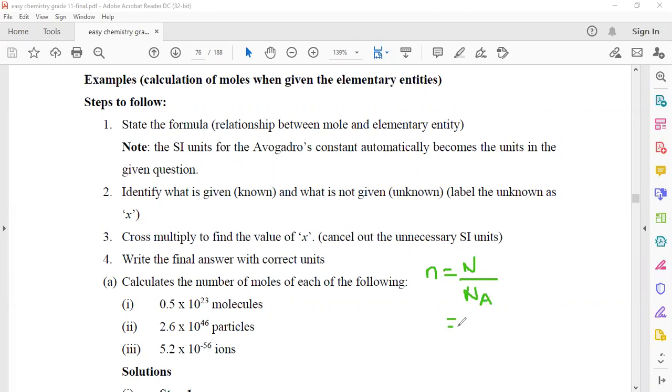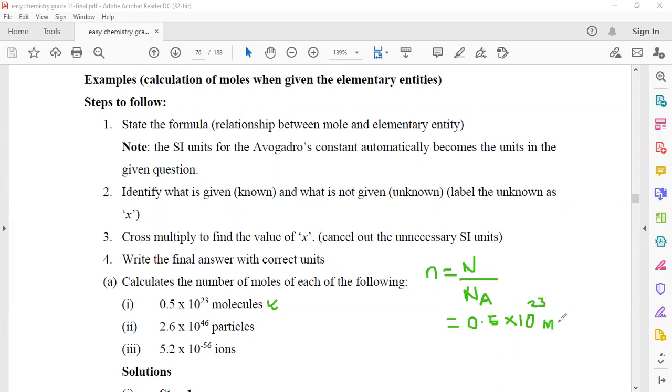What number have we been given? In the first question, we are given 0.5 times 10 to the power 23 molecules.